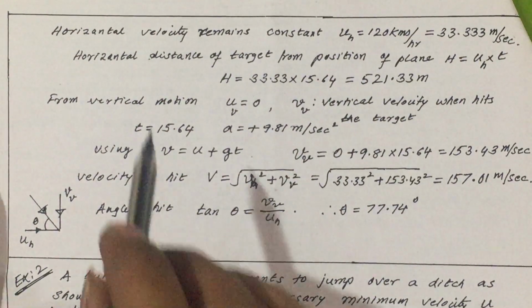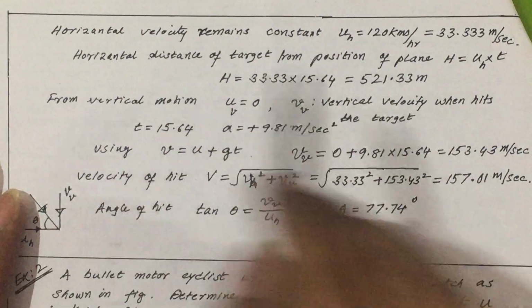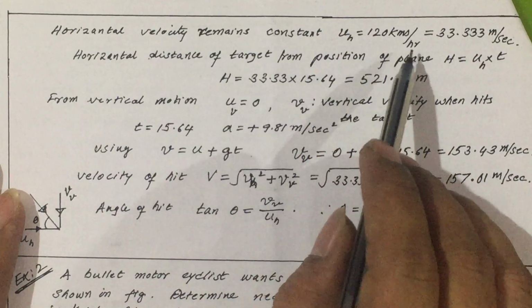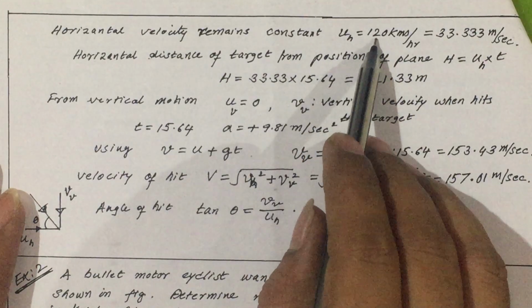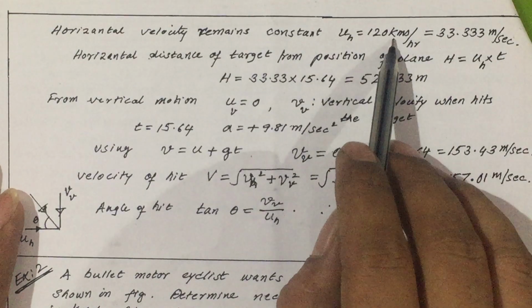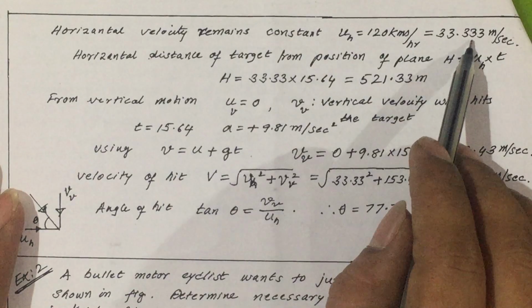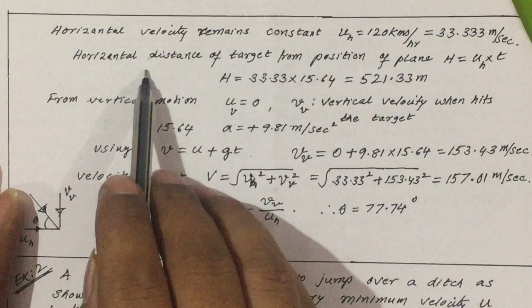So, therefore, horizontal velocity remains constant, that is uh is equal to 120 kilometers per hour. If we convert that into meter per second, you are going to get it as 33.333 meter per second.